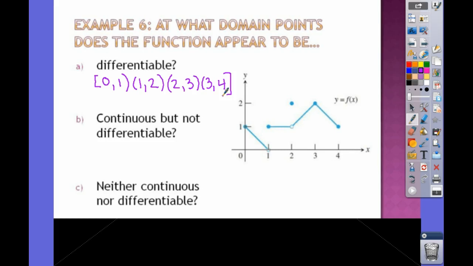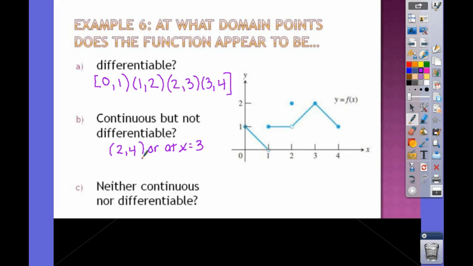So it'd be 2. You could also say at x equals 3. But yeah, you could say 2 to 4 or at x equals 3. This interval wouldn't even really matter because you're just saying continuous but not differentiable.